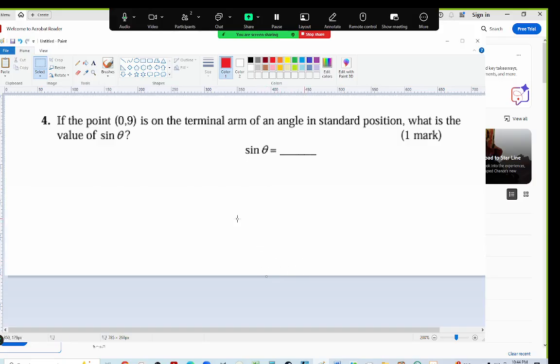Here they've given us a point, so we might as well draw it and figure out where it is. Here's the Cartesian graph. They've given me the point 0, 9. That's kind of mean actually. I'll let you know right now, to give zeros in the first point is really annoying. Zero's the x value, so we're actually going way up here. 0 for x and 9 for y is right there.